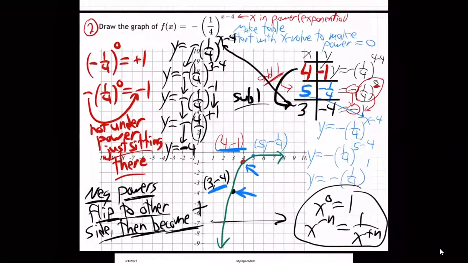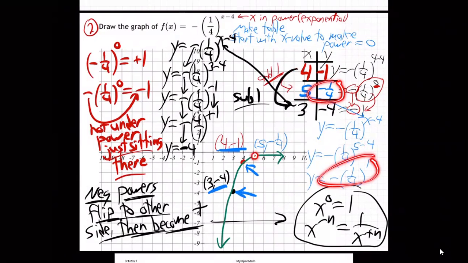So again, how did I make this exponential graph? You make a table, you start with the x value to make the power 0. So that was 4 in my case. Power was 0, anything to 0 power is 1, but the negative in the front stays. 4, -1, there's that dot. Then I usually add 1. I tried adding 1, got 5, plugged in the 5 right here. That came out -1/4. That's okay. I mean, that is on the graph, but a fraction is hard to graph.